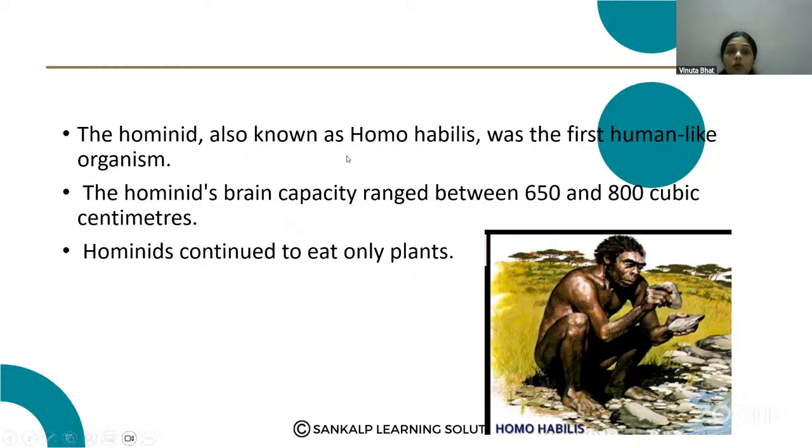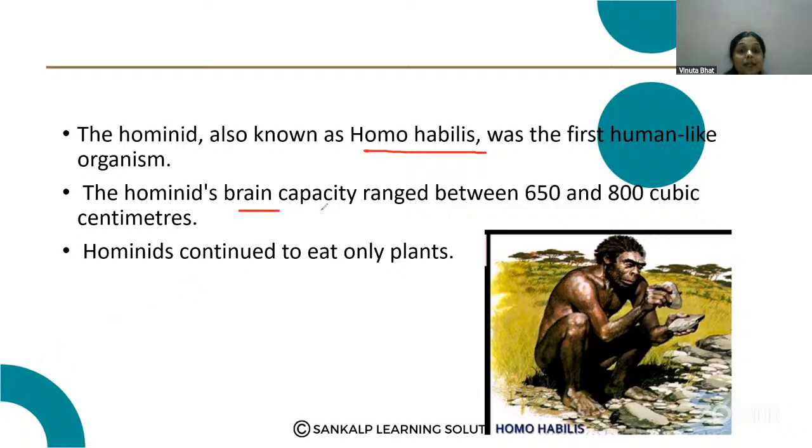The hominid, also known as Homo habilis, was the first human-like organism. So Homo habilis was the first human-like organism. Before that, Australopithecus, Ramapithecus and Dryopithecus were more similar to the chimpanzees and gorillas. But here, this man is more similar to human-like organisms.